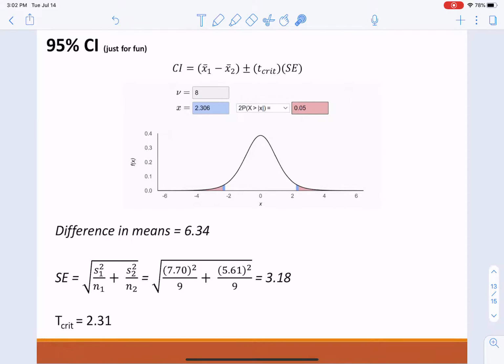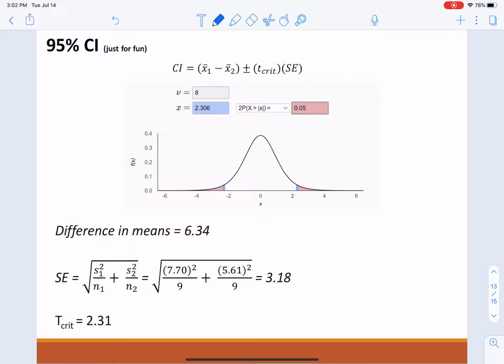Our standard error is just the denominator of our t-stat, our test statistic. And then we calculate the difference of the means, x bar 1 minus x bar 2. So 100 point whatever minus 93 point whatever turns out to be 6.34. Okay.